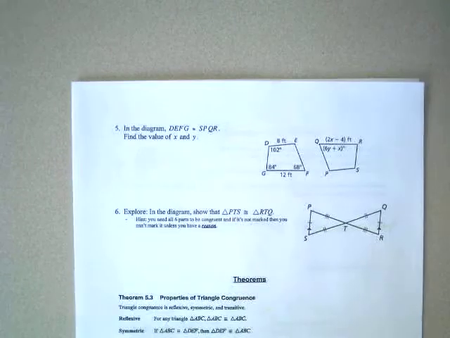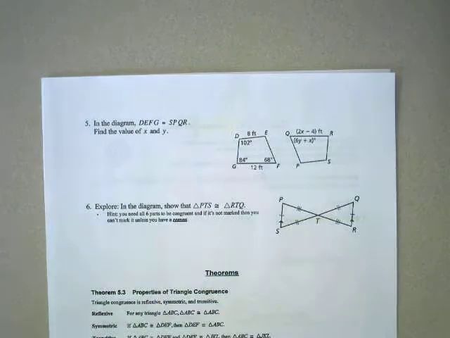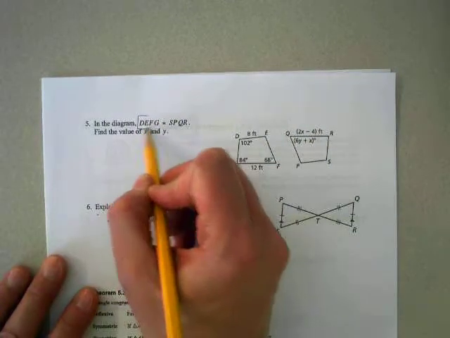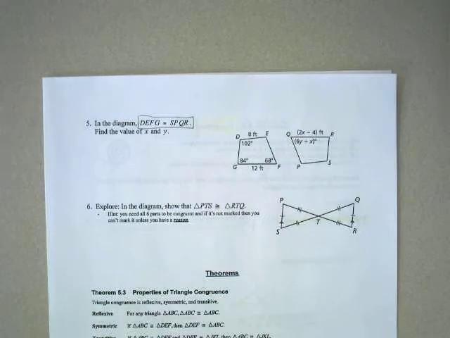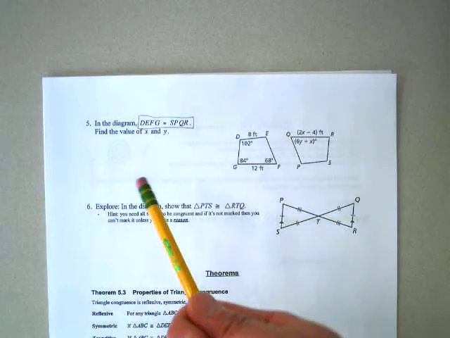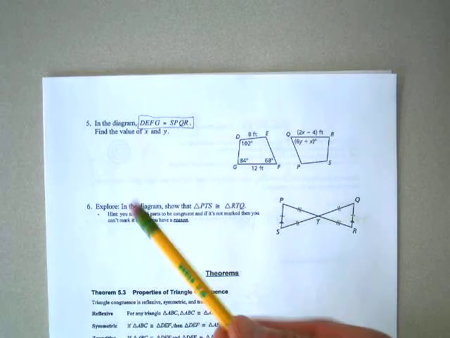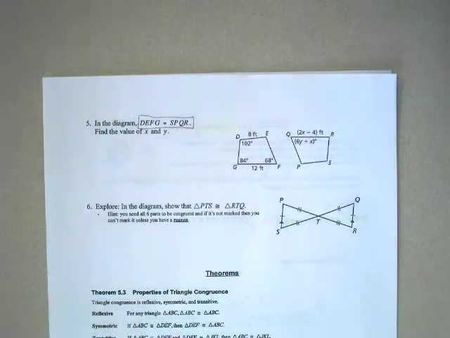number 5 reminds me a lot of your problems from yesterday, only you've got this congruent statement. Do you see how they dropped the little symbol off the front? They just put the letters. So you still have to find the values of X and Y, but there's not so much linear pair today. There's not so much triangle sum theorem.